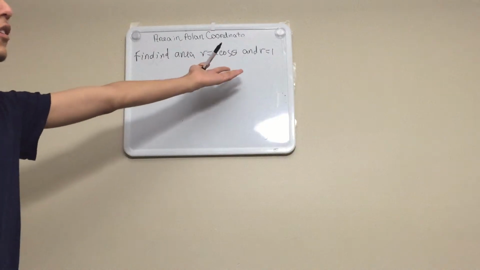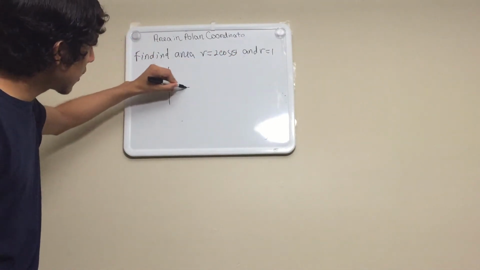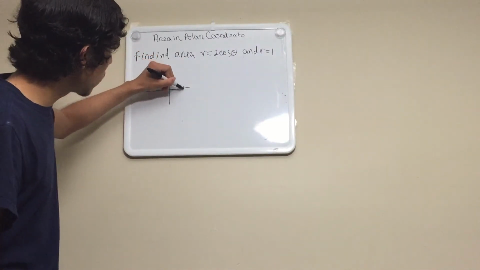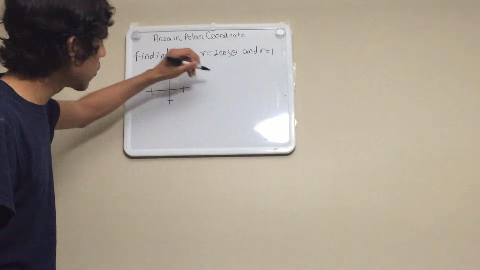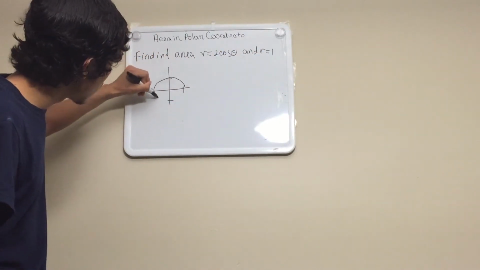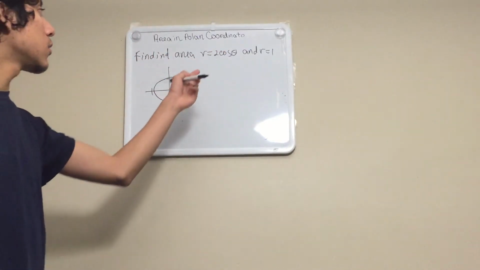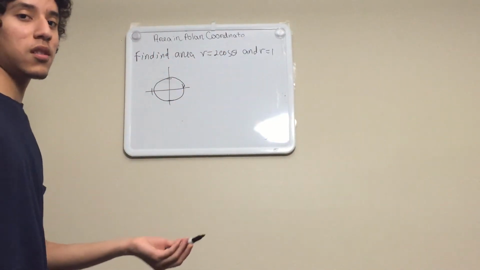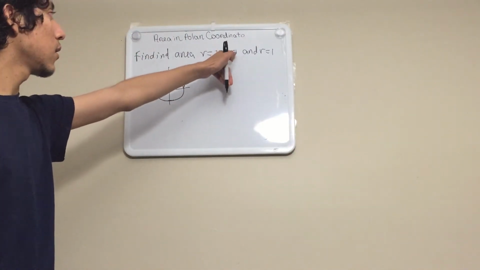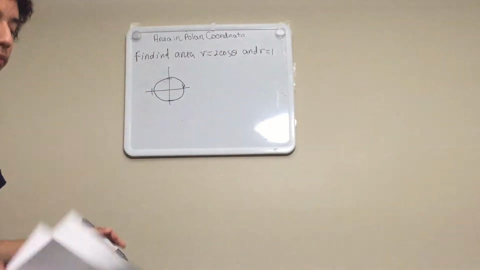So we've got to know how the graphs look. We can quickly sketch a graph for that. r = 1 is just a circle. And then 2 cosine theta we know is also a circle, because we determined that by the coefficient in front of the theta.